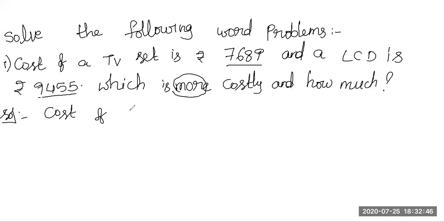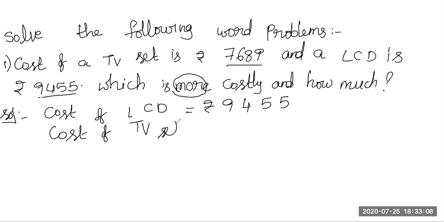Among TV set and LCD, which number is bigger one? Yes, LCD, right? So first we will write cost of LCD is equal to 9,455. Now we will write the smaller number. Cost of TV set is equal to 7,689.